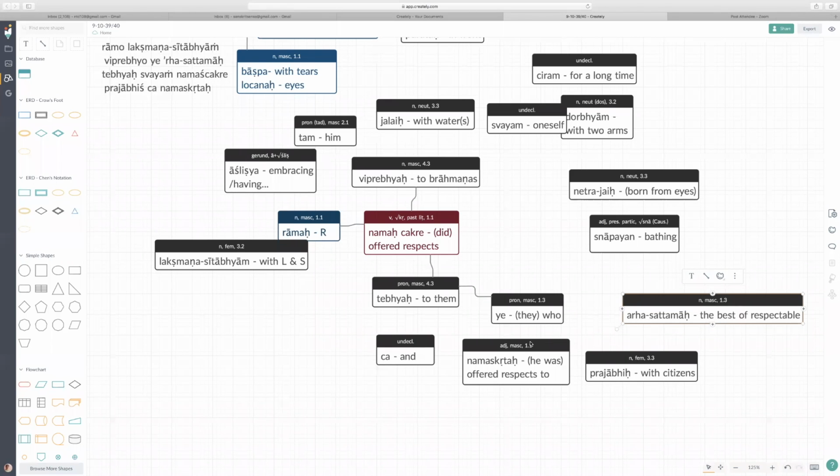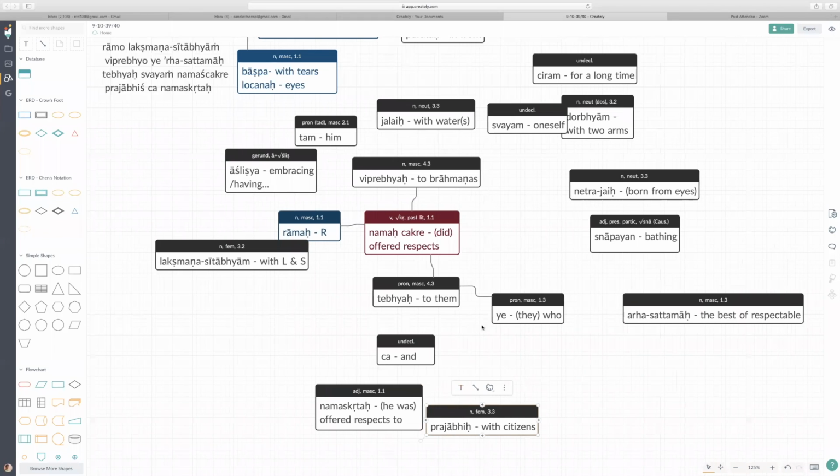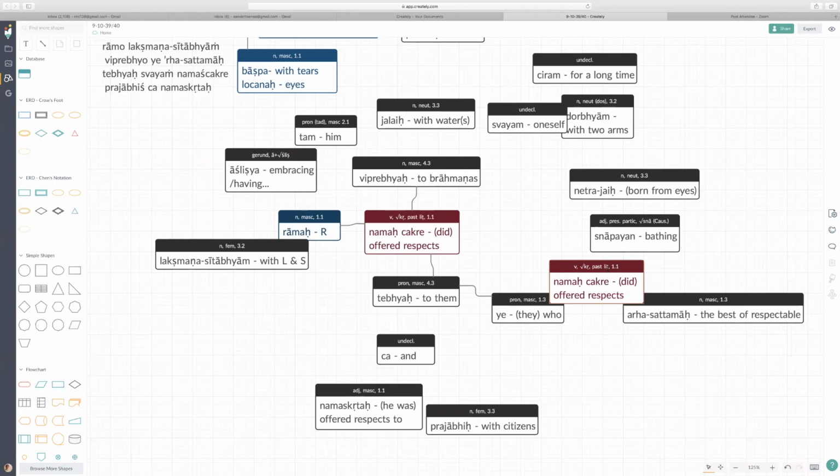It's still incomplete. What is unstated in Sanskrit? What is in between the lines here? Are. Yeah, I need a verb. So technically, it comes in English: you say who are the best of respectable. Who are, bhavanti, okay? Are, or santi, whatever you take.